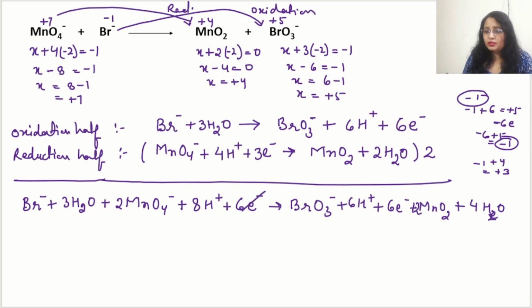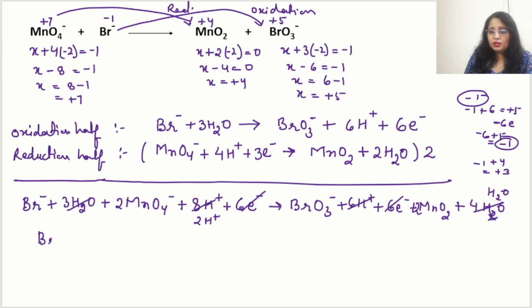Now let's see whatever is cancelling, we will cancel. So first of all 6 electrons will cancel with the 6 electrons. Then water molecules, left hand side 3, right hand side 4. So this 3 will be totally cancelled by this 4 and here 1 molecule is left. Fine, this much is correct. After that we will cancel the hydrogen ion. See, both the sides have hydrogen ions. So 8 and 6, 8 minus 6 is 2, so 2H plus is left over here. Now the rest we will write here.